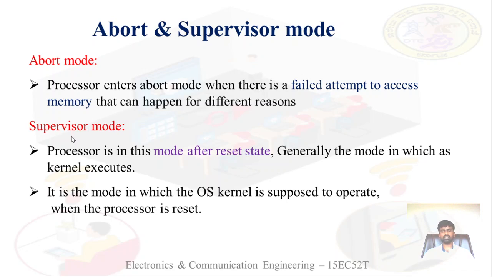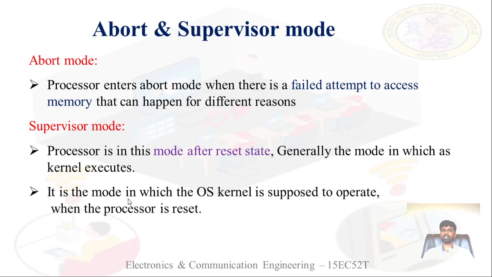The second one is supervisor mode. This is another important processor mode. This mode is entered after the reset state. For example, when the processor gets reset, after that reset state, the processor should enter supervisor mode. Generally, this is the mode in which the basic operating system kernel executes.